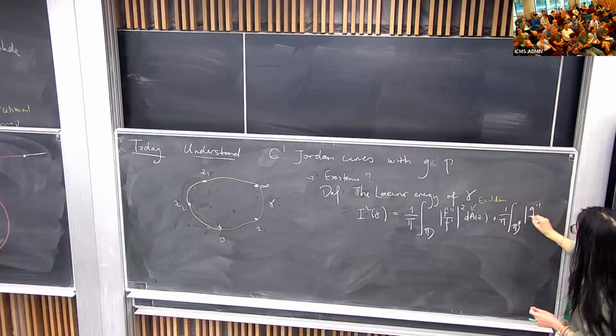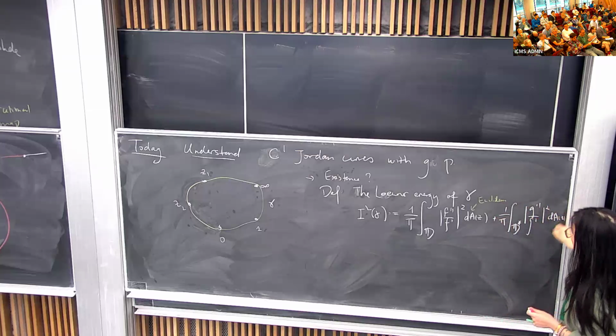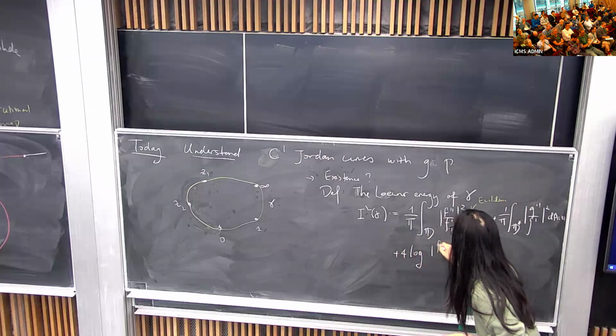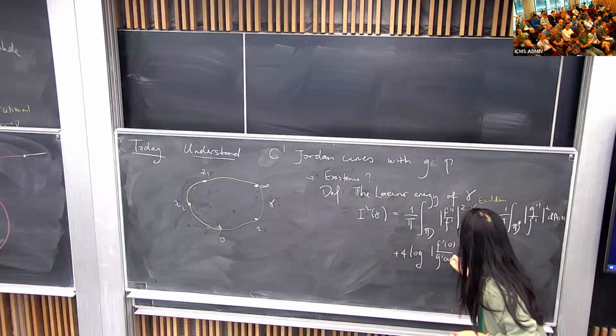All right, I will tell you what these are: 4 times log f prime 0 divided by g prime of infinity.